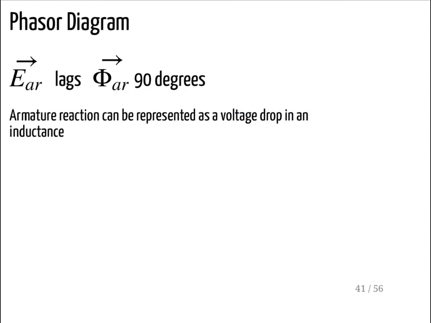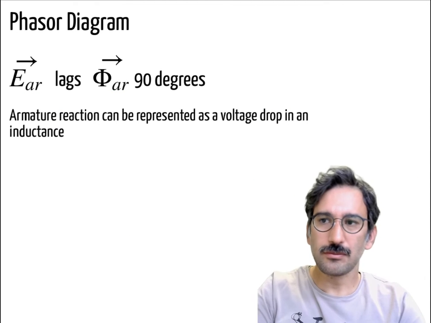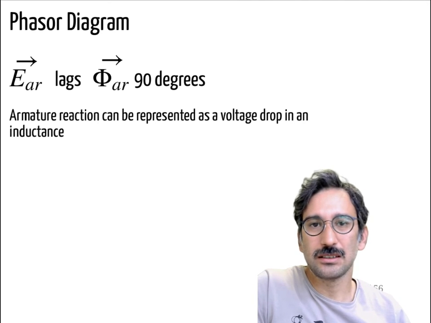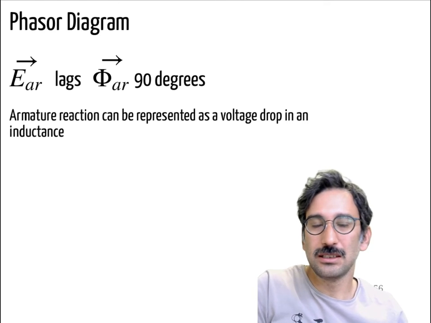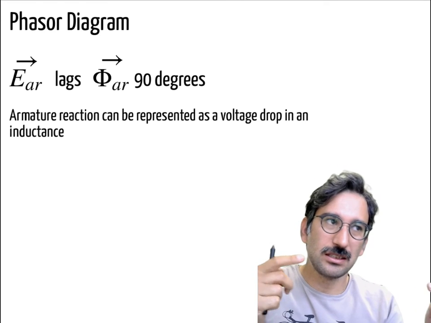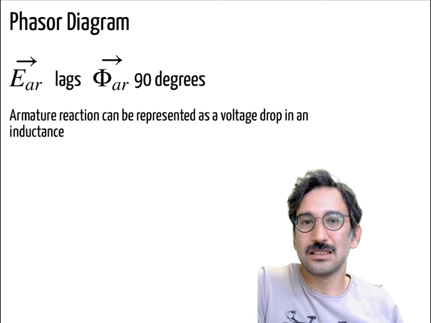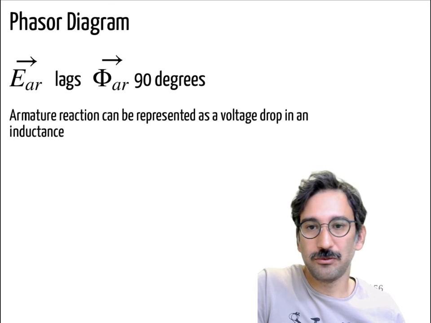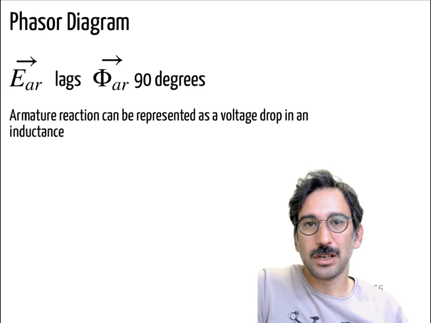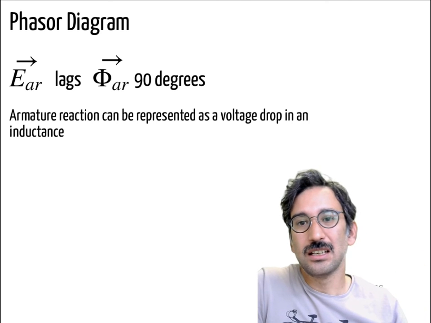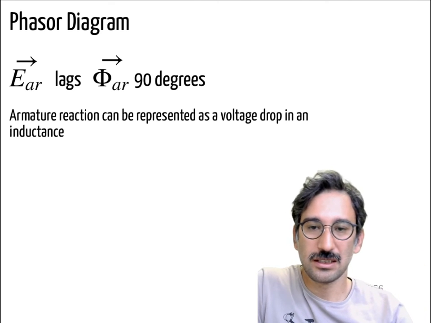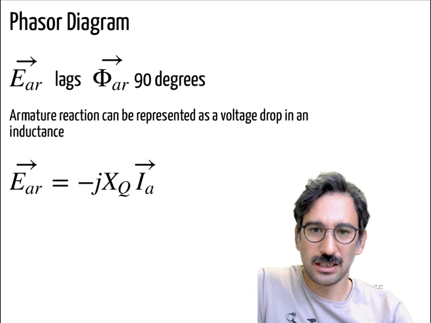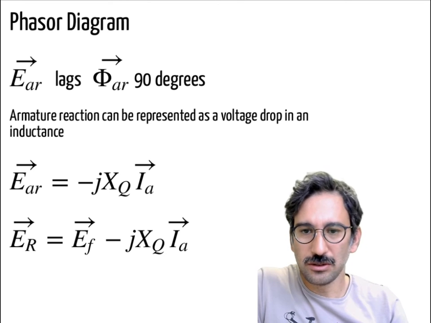At the end of the day, armature reaction can be represented as a voltage drop in an inductance, because that is what it is. You have some flux, and by definition inductance is the flux linkage created per current, and there is a jωL relation, a 90 degree phase difference between the voltage of an inductance and its current.